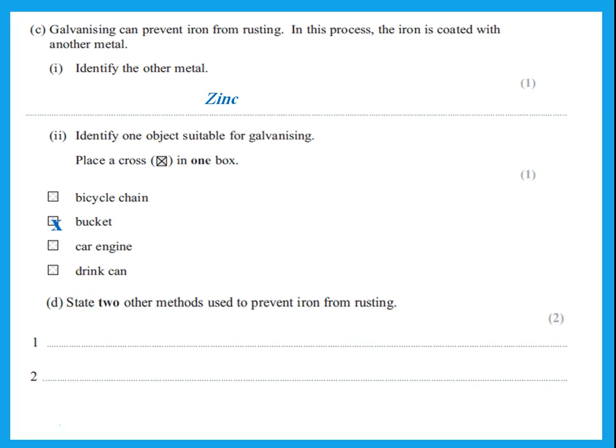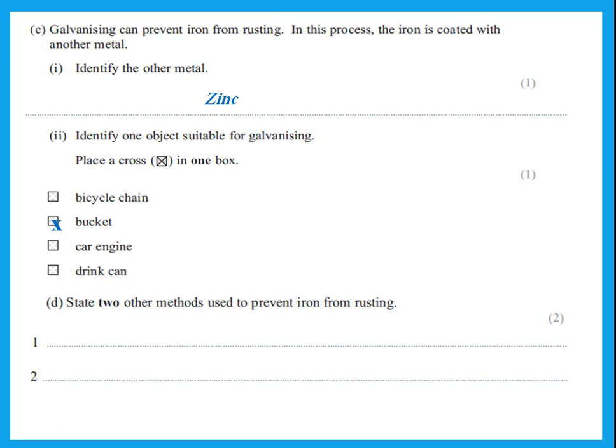The bucket is something that I can do galvanizing for. The car engine, we said an engine or a machine will need oiling. What about a drink can? Something like a Pepsi can or a 7-Up can. These cans are made of aluminium anyway. They're not made of iron. So we don't do galvanizing for a drink can.